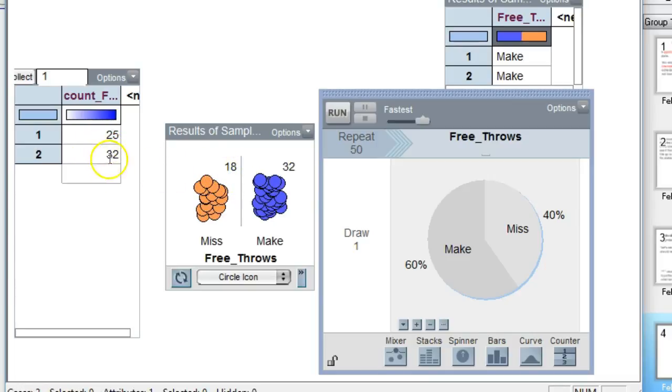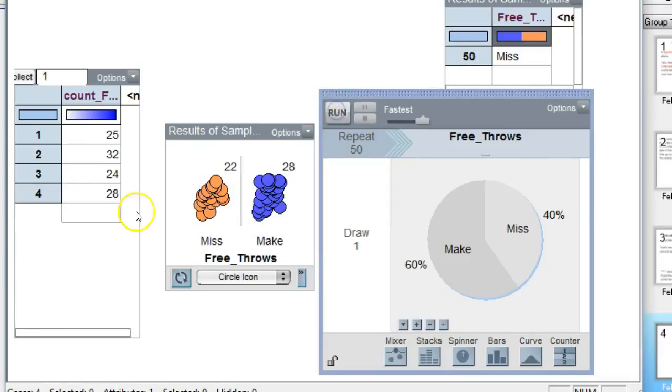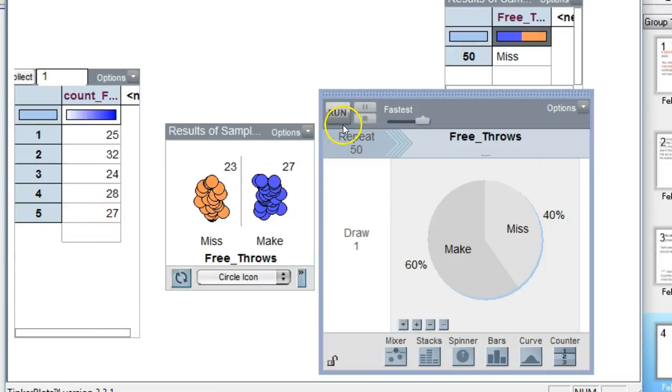And I'm going to go ahead and collect the makes in this table here. So we've done it twice. Let's do it one more time, 3 times, 4 times. So each time this is out of 50. So he shot 50 free throws, he made 28 the 4th time. You know, you'd wear the poor guy out if you did this in real life. So here we go.